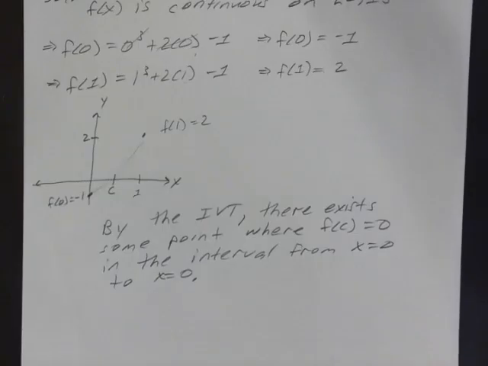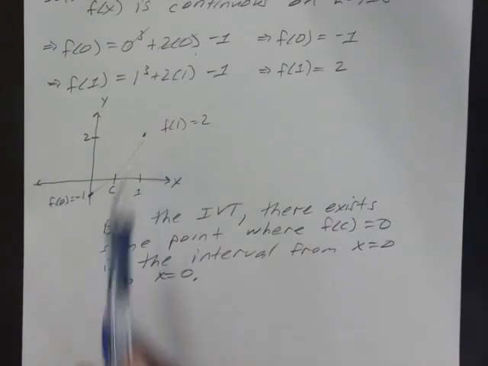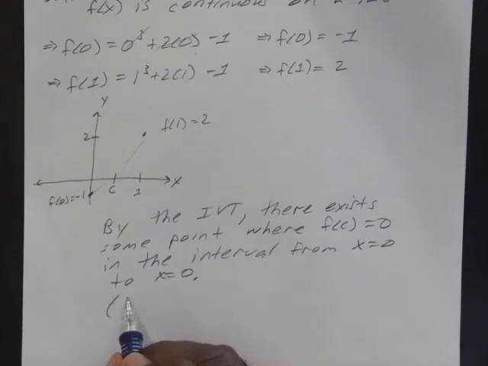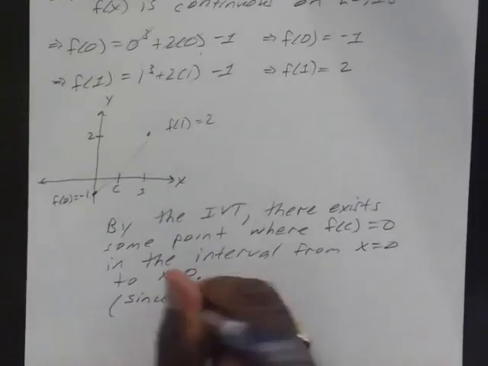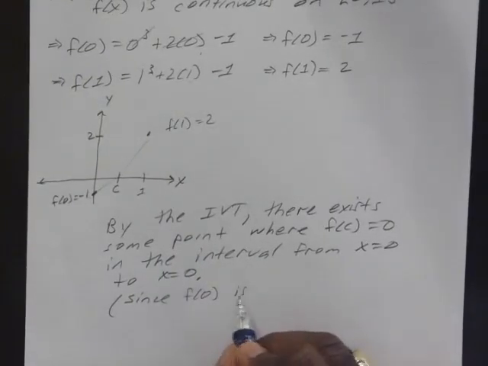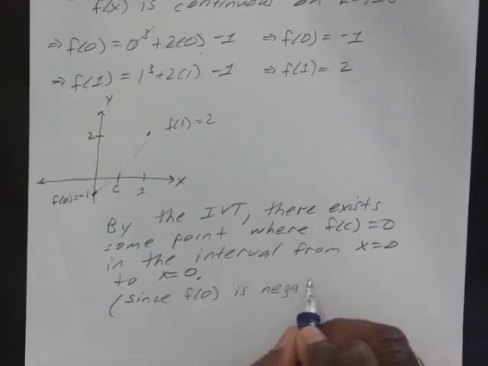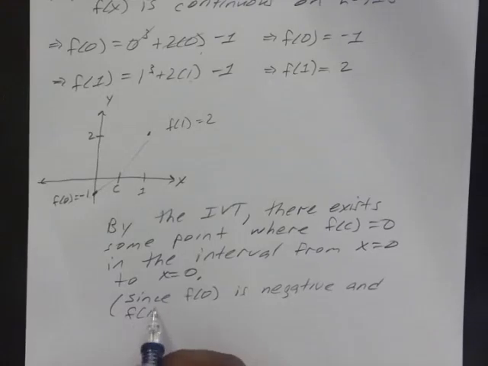It all revolves around the fact that one endpoint is negative and one endpoint is positive. Since f of 0, let's clean that up a little bit, is negative, and f of 1 is positive.